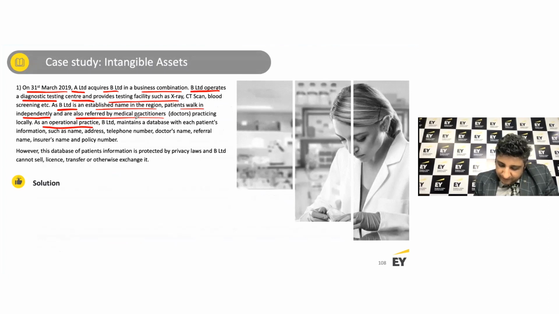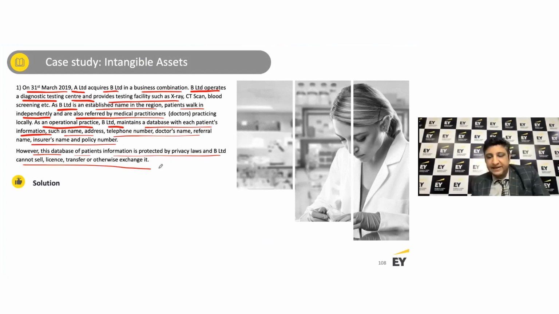As an operational practice, B Limited maintains a database with each patient's information. All the relevant information is there. However, this is protected by privacy laws, and B Limited cannot sell, transfer, or otherwise exchange it. Should such customer list meet the definition of an intangible asset is the question.